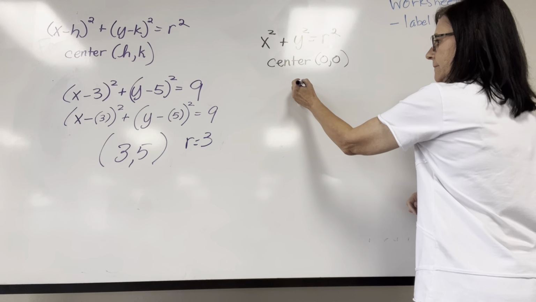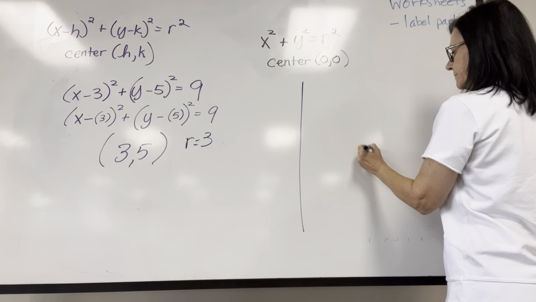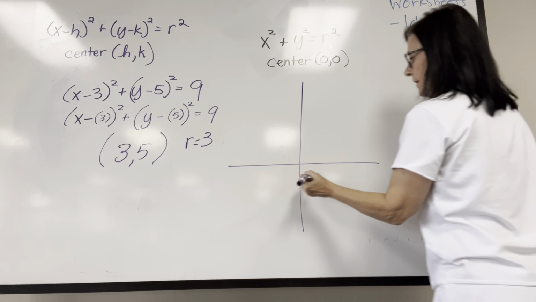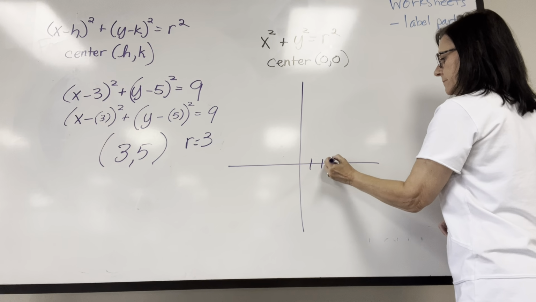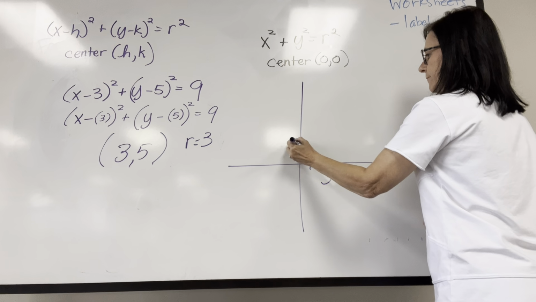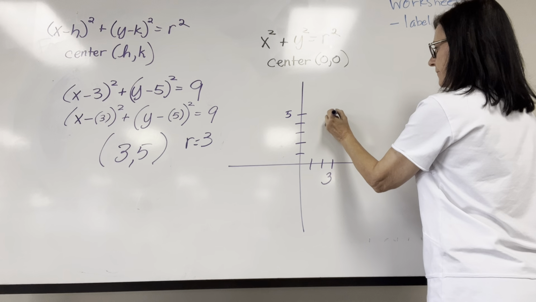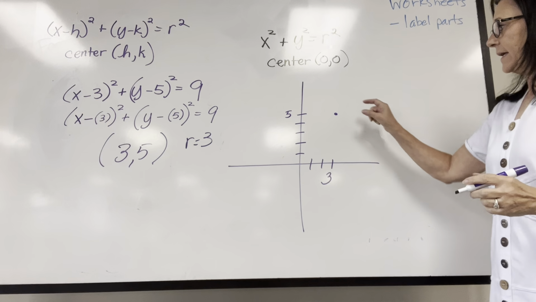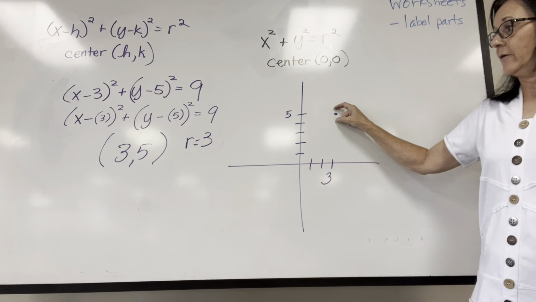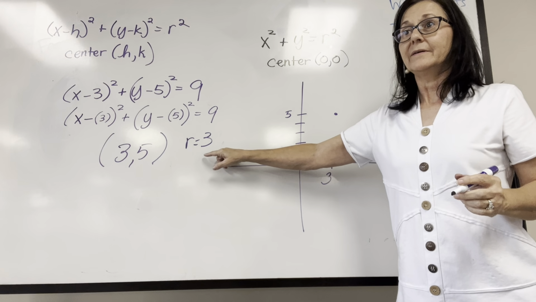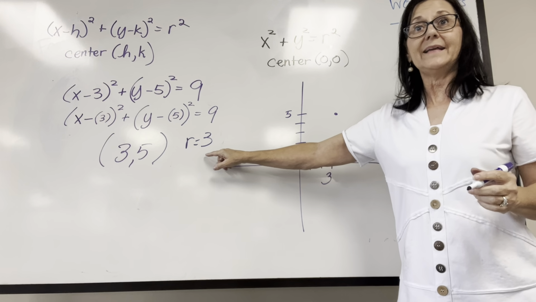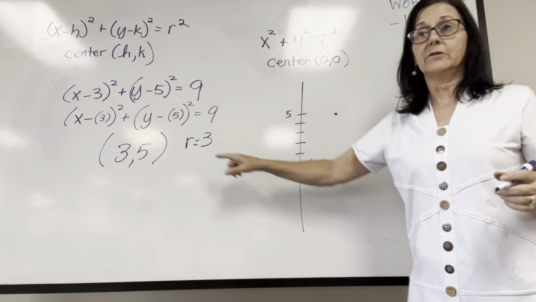So I begin by graphing my center. So here's my center. Now, this is like my 0, 0. So I'm going up, to the left, to the right, and down from the center by 3.